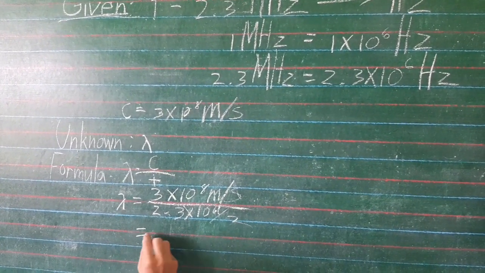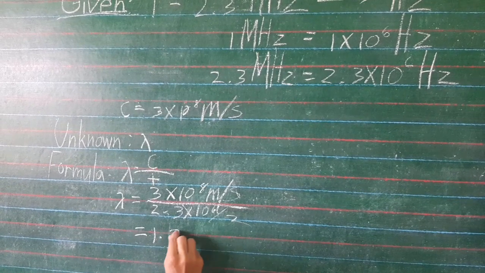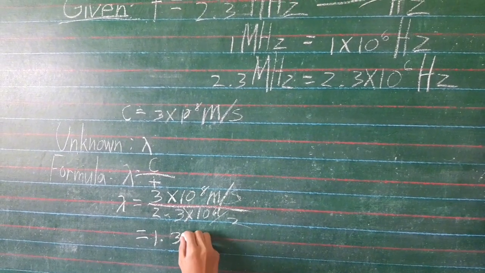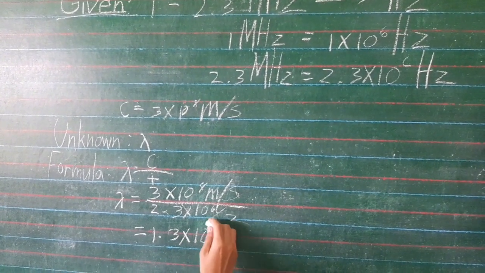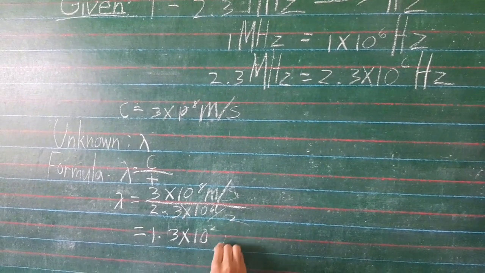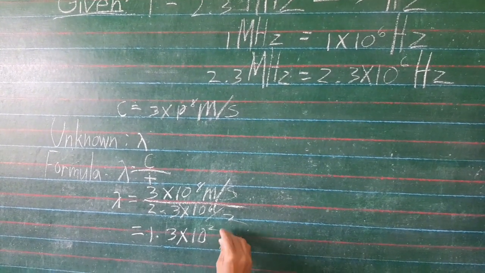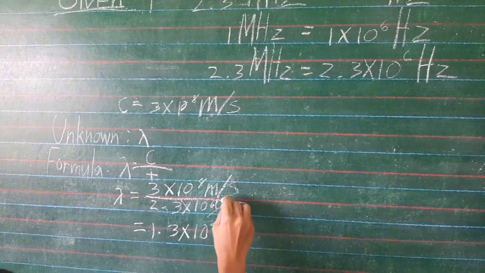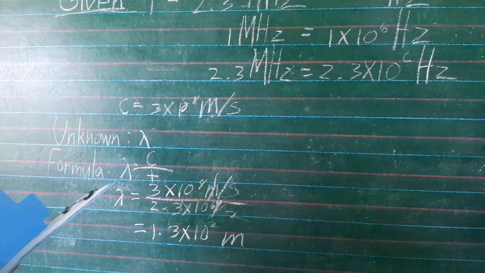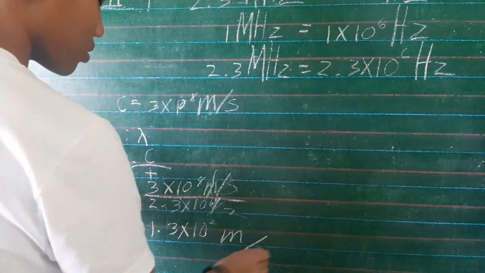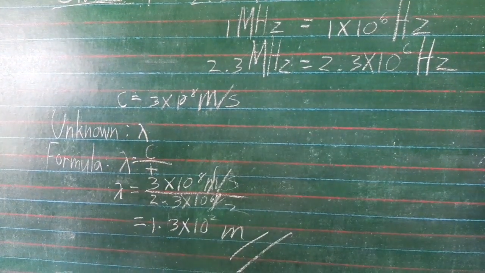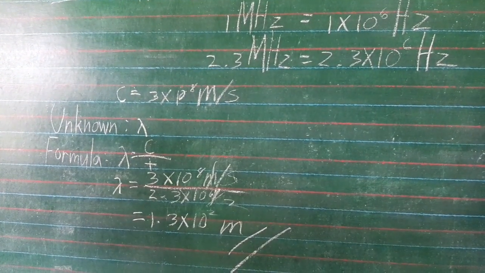And the quotient will be 1.3 times 10 raised to 2 meters. And the answer will be 1.3 times 10 raised to 2 meters.